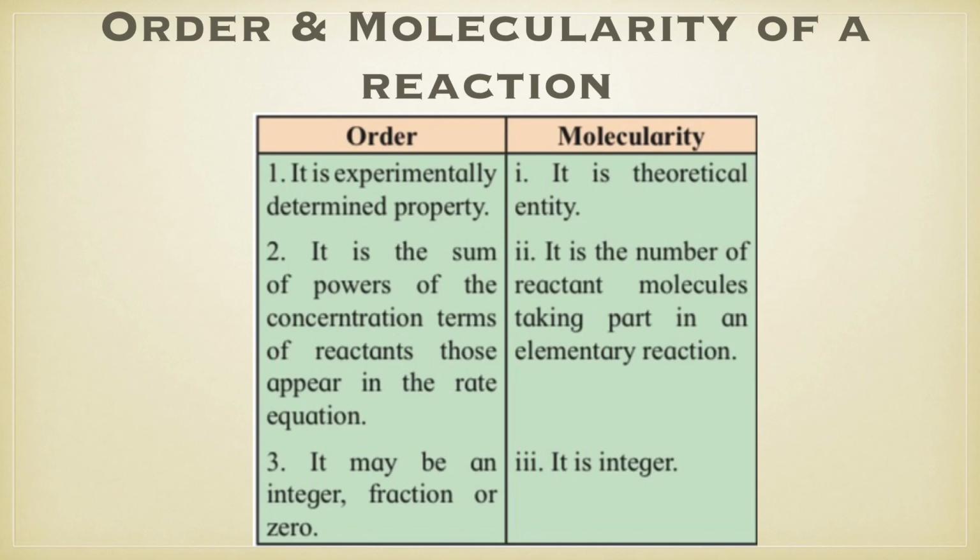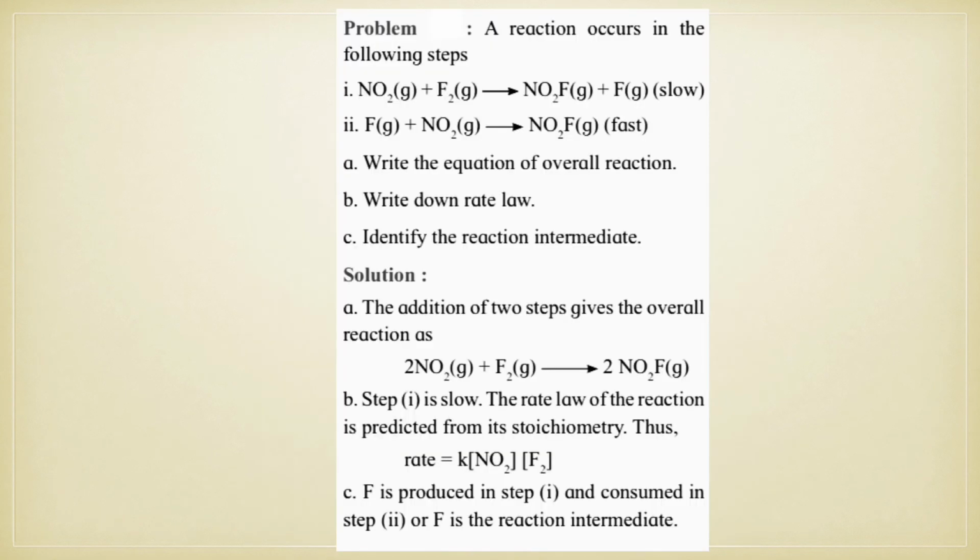So always remember, order is concerned with the rate law expression, whereas for molecularity we have to see the elementary reaction. Last point, order may be an integer, fraction or zero, whereas molecularity will always be an integer.